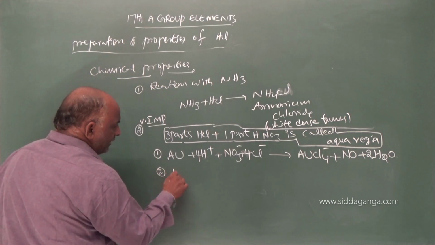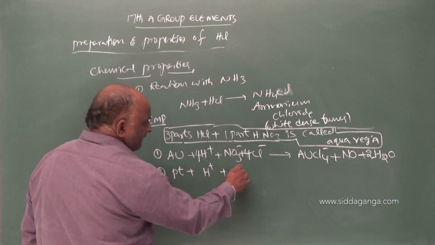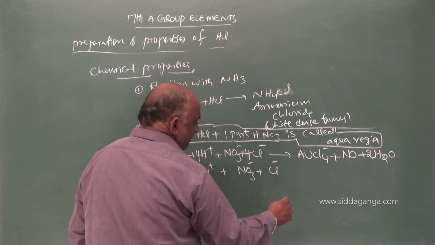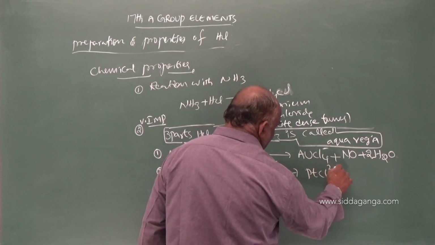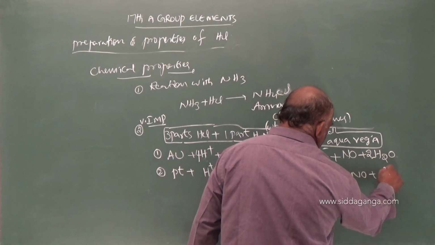Second equation: platinum plus H plus NO3 minus plus Cl minus gives rise to PtCl6 2 minus plus NO plus H2O.